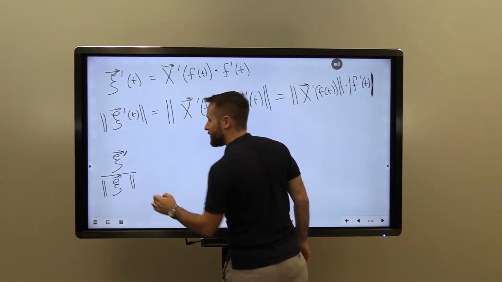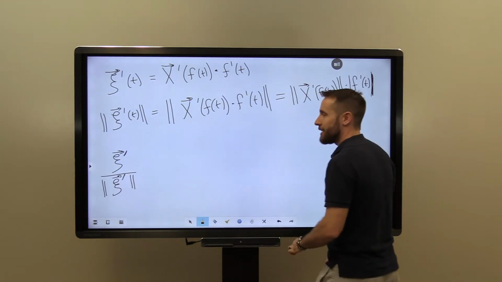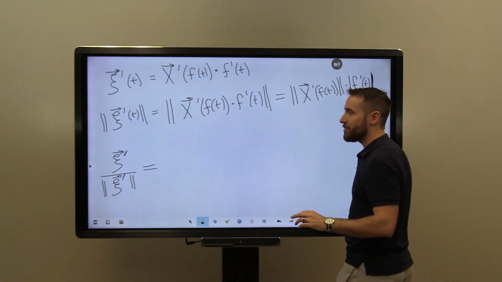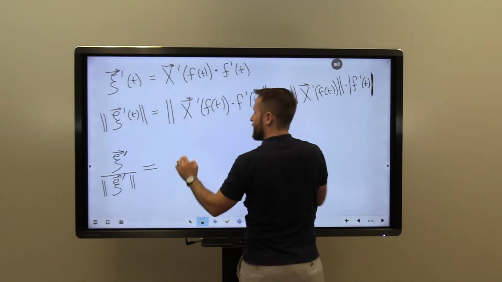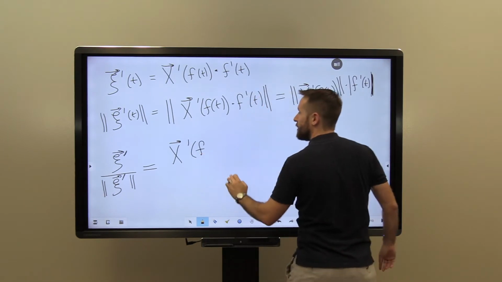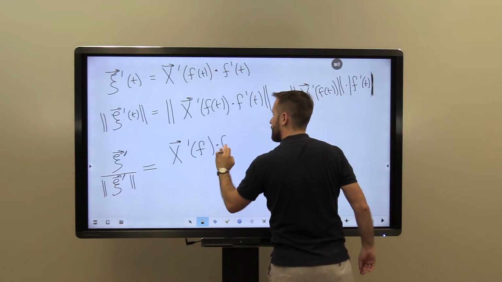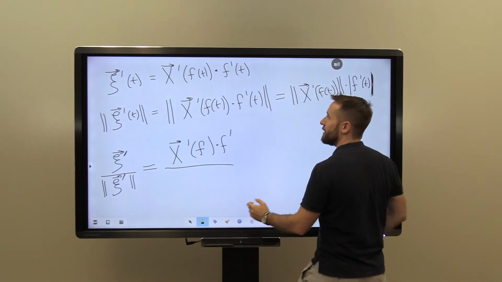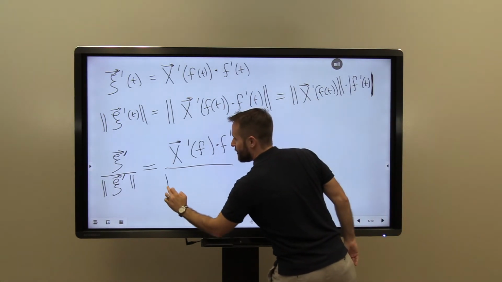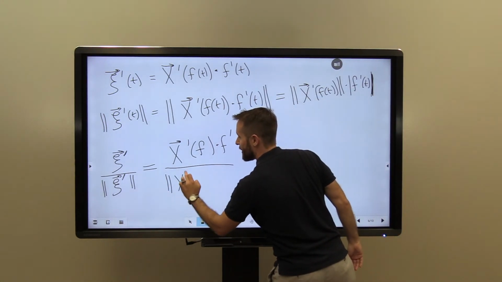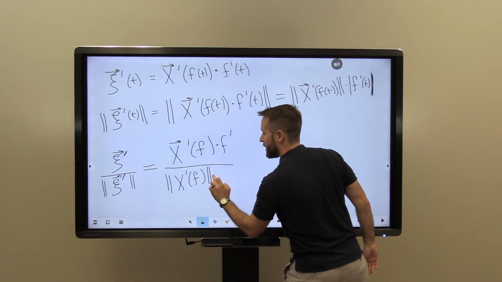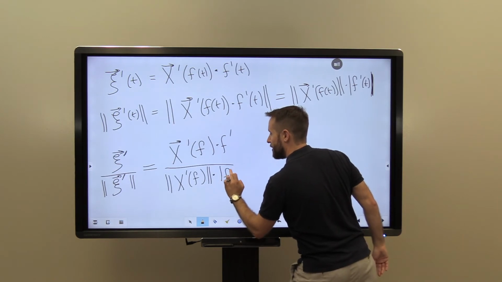So this is the derivative of xi and the norm of the derivative of xi. So that expression will give us our unit tangent vector of the reparameterization, and it is equal to this expression up here, so that's x prime of f times f prime divided by this expression right here. So that's the norm of x prime of f times the absolute value of f prime.